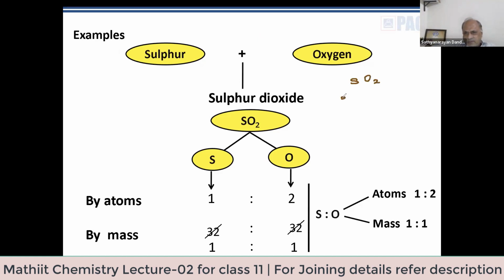One sulfur, into 32. Oxygen, how much is there? 2 into 16. That is equal to 32 is to 32, which is nothing but 1 is to 1 by mass. So for the board examinations or for the school examinations, what will you write? First the definition, then afterwards this example. Your teacher will give 2 out of 2 positively.